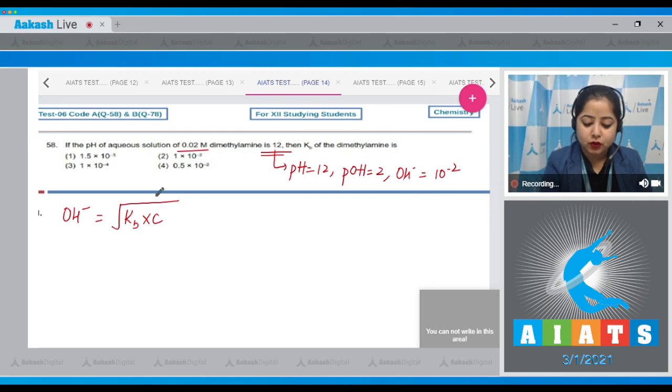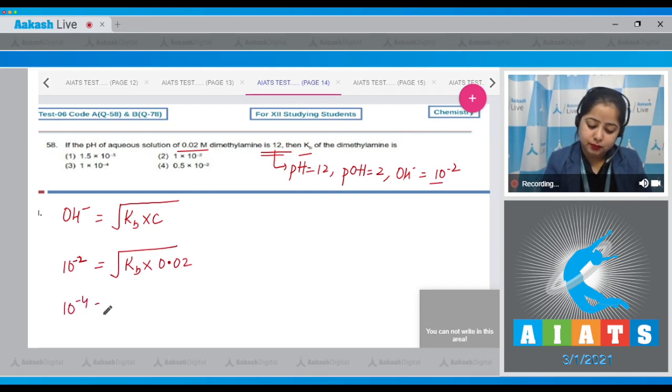Also, we are given the concentration value. We have to calculate the Kb value. So let's put the values. 10 raised to the power minus 2, we have already calculated, equals under root of Kb multiplied by concentration, which is 0.02. On squaring both sides, we get 10 raised to the power minus 4 equals Kb into 0.02.